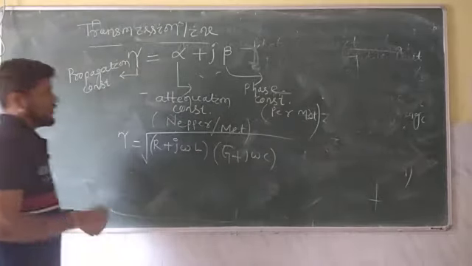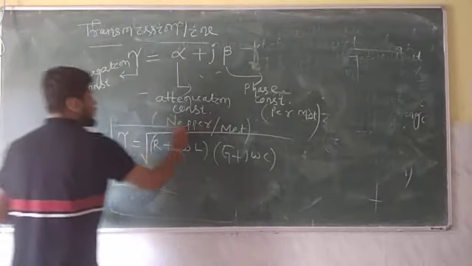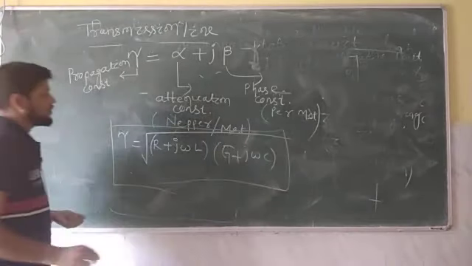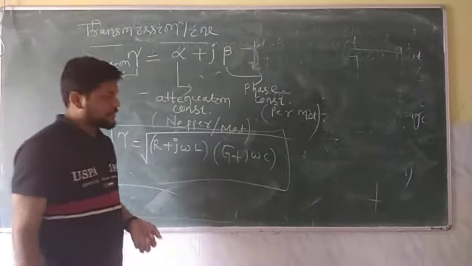You need to remember this formula. So always remember this propagation constant is root over (R plus j omega L) whole into (G plus j omega C). This is a secondary constant.